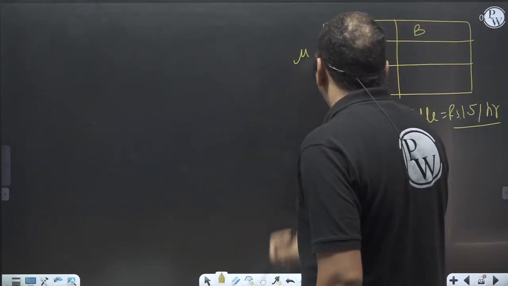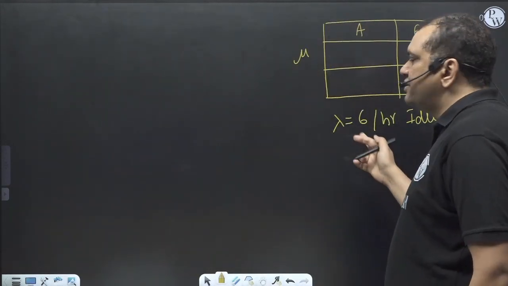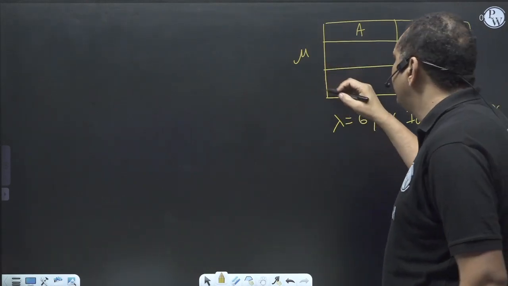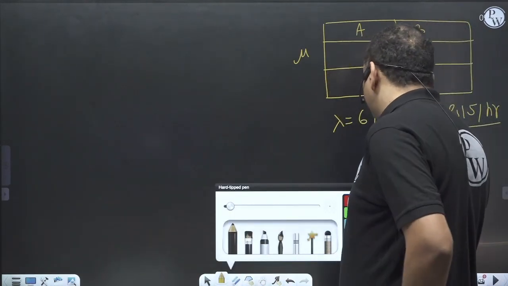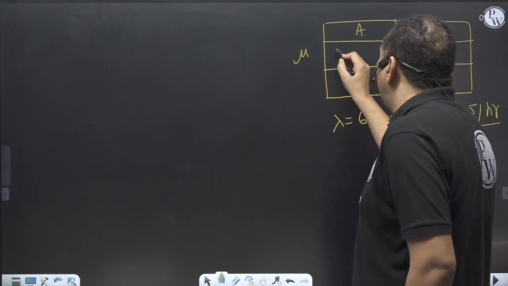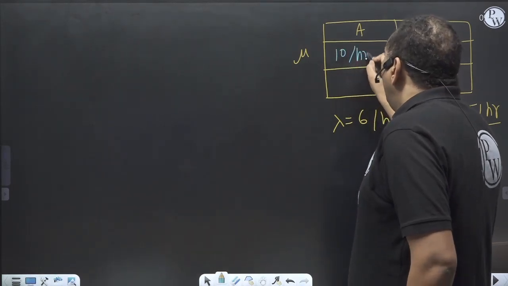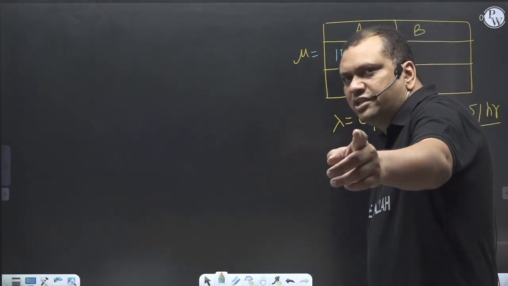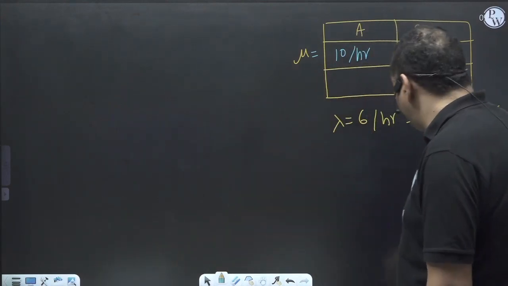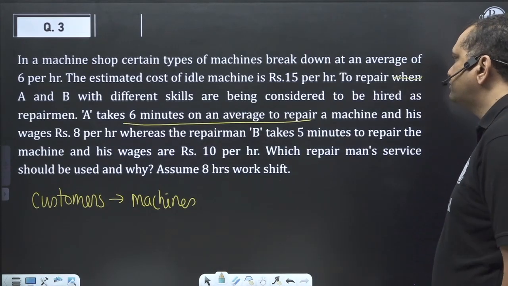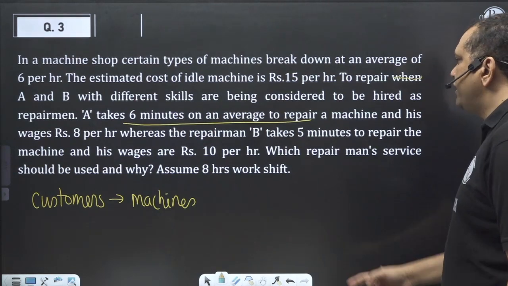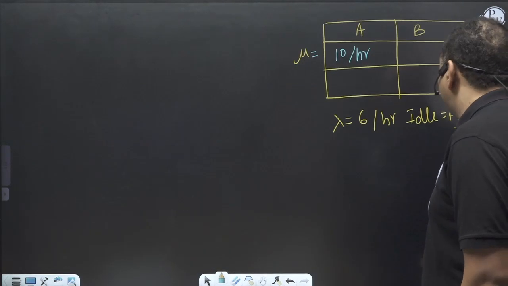Lambda is in per hour, so put the service also in per hour. 6 minutes means he can repair 10 per hour, and his wages are rupees 8 per hour.